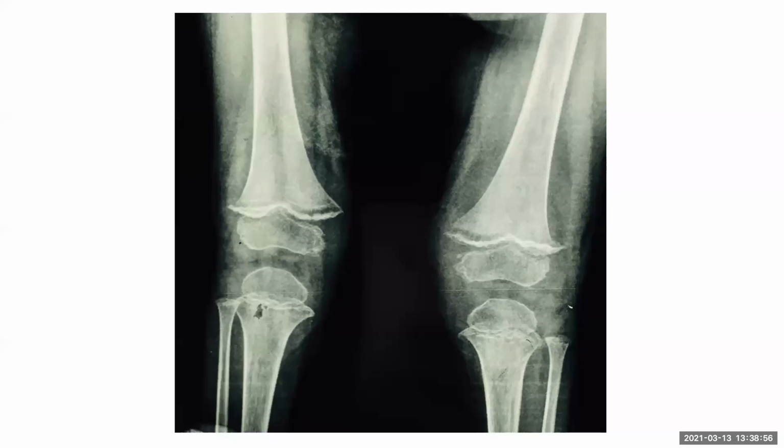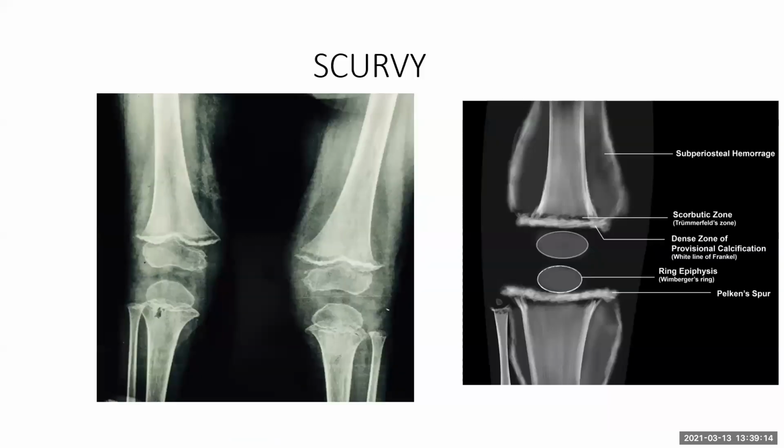So these findings are in keeping with scurvy. I would like to check the ascorbic acid levels in the child and convey this to the pediatrician. Okay, good. This was scurvy and all the signs with it, right?